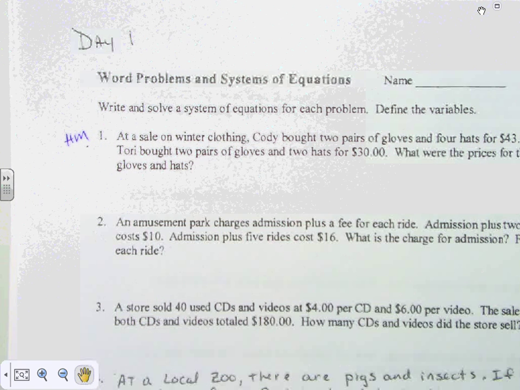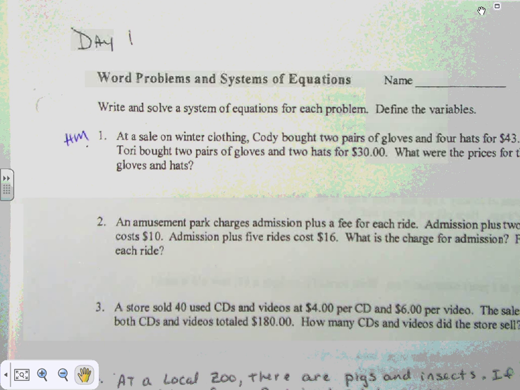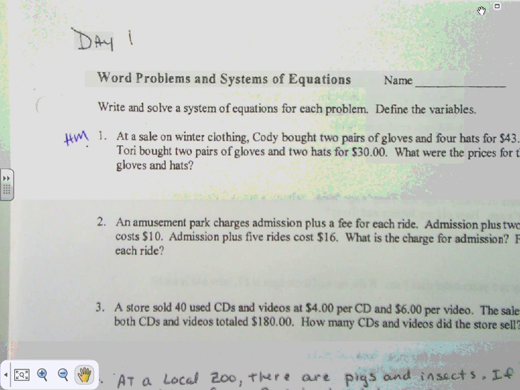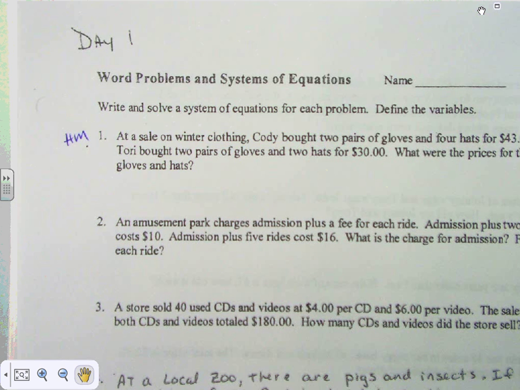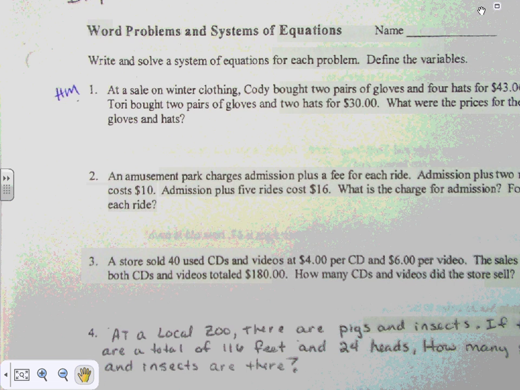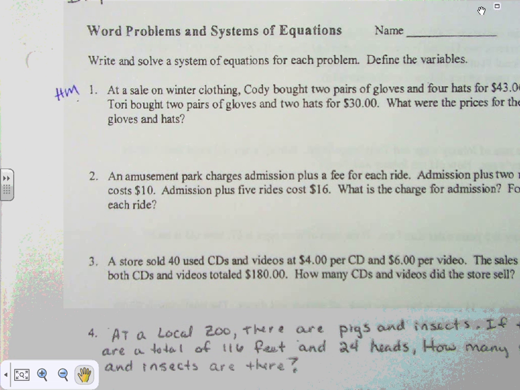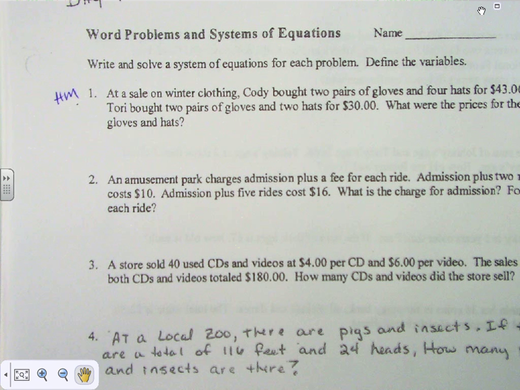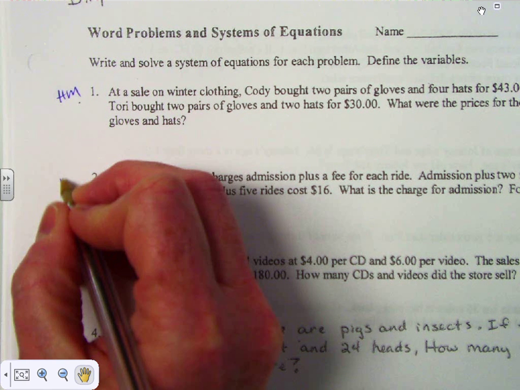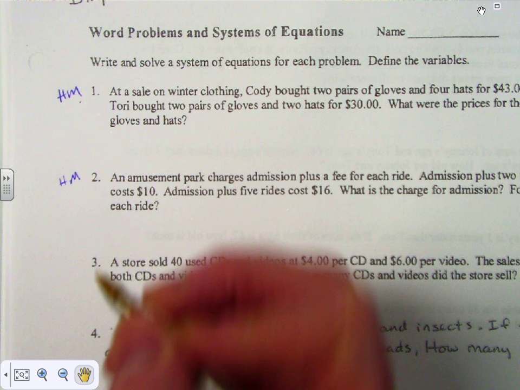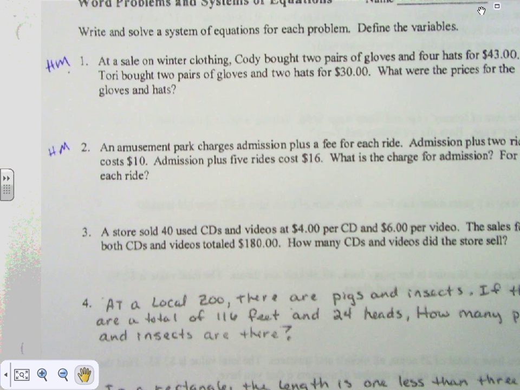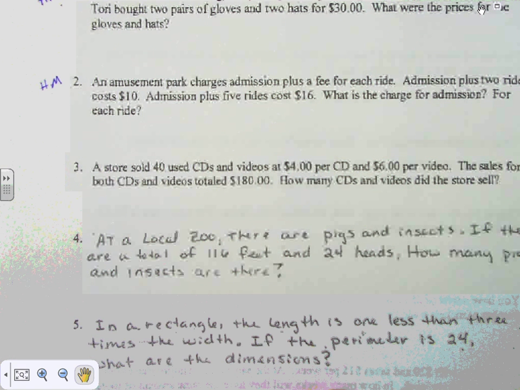How many? What about number 2? How much, how many? It's a how much, how many as well, isn't it? Because what did they charge for each ride? So it's a how much, how many. Number 3, because it says how many, so it's a how much, how many.